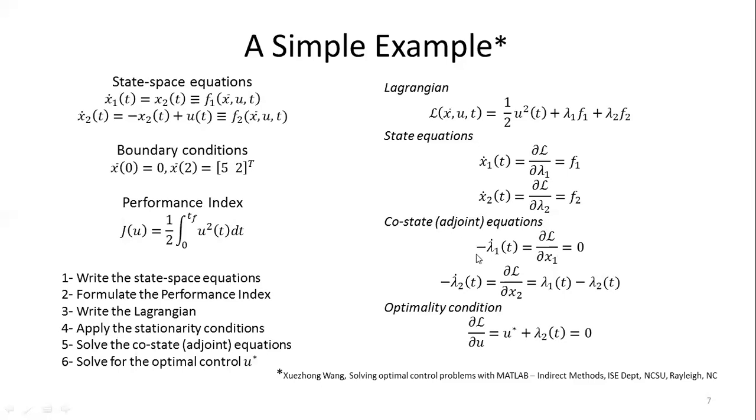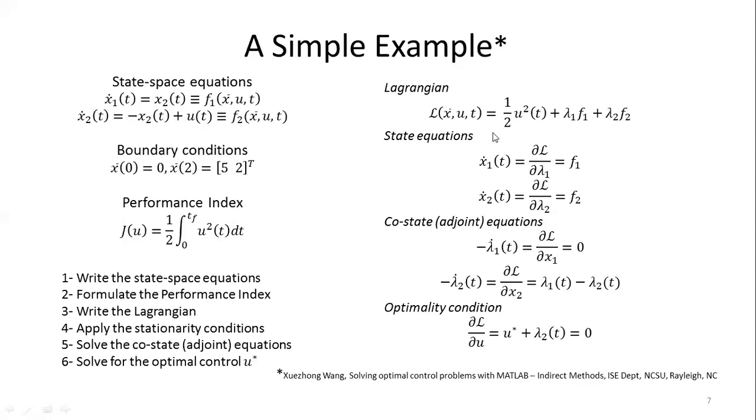Now that gives us two equations, the first for the adjoint function lambda 1 and the other for lambda 2. Both are first order ODEs. Finally, the optimality condition requires the partial derivative of the Lagrangian with respect to u to be 0.